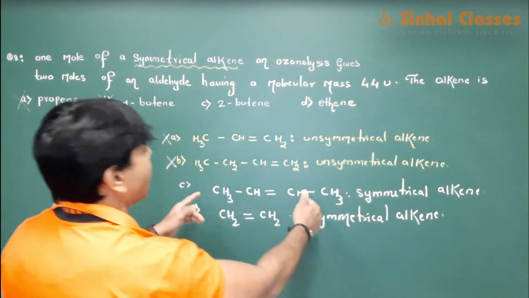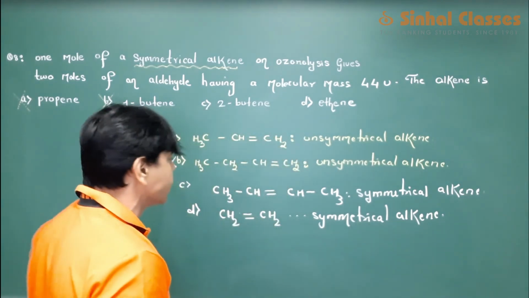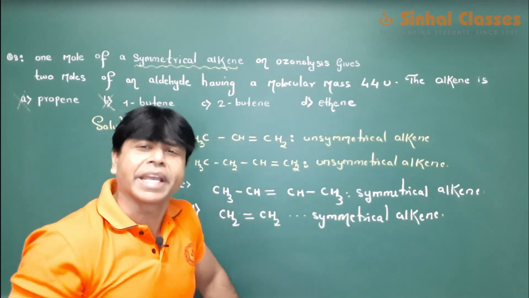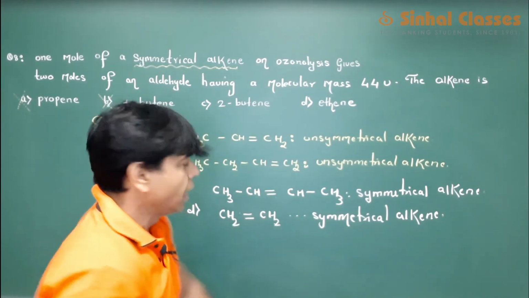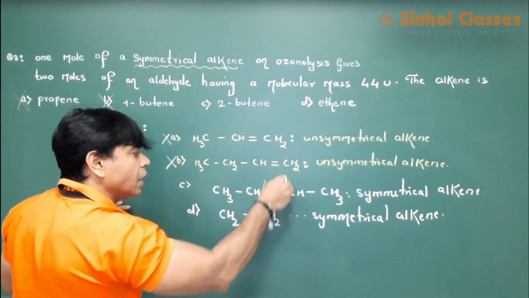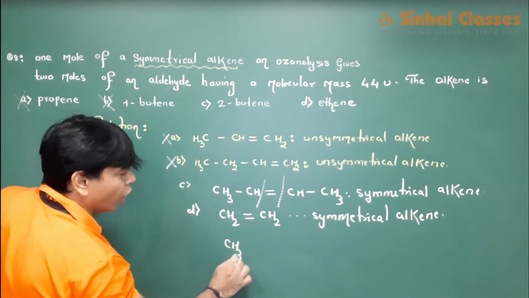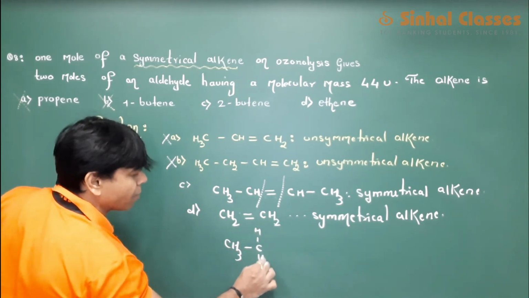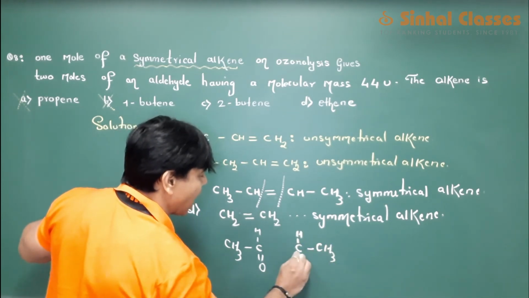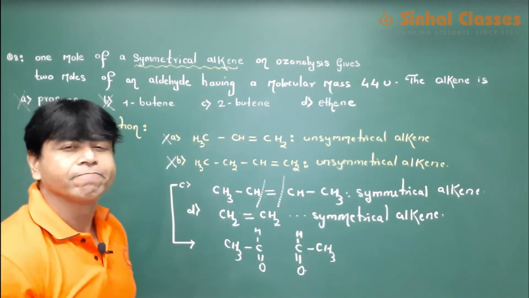Whenever we say ozonolysis of alkene, wherever is the double bond, you break it. When you break this butene, it will be broken from here. After breaking this, you put a double bond O on both the sides. So this is the aldehyde which you get from butene.